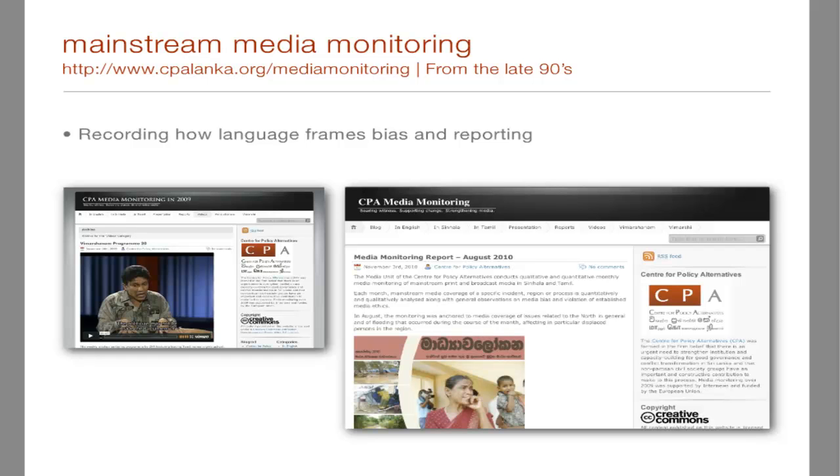So there is a record of how mainstream media either helps augment and strengthen peace or how it actually contributes to violence. And quite frankly, nobody else in the country is doing this to the extent that we have. Our focus is on the vernacular, but we've done a fair bit in English as well.